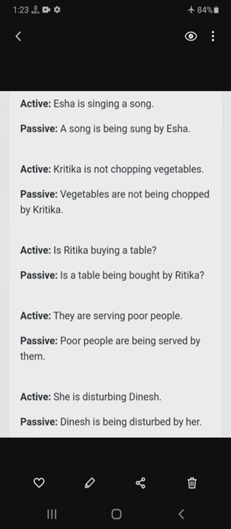So is a table being bought by Ritika? They are serving poor people. So poor people are being served by them. She is disturbing Dinesh. So Dinesh is being disturbed by her. These are the examples of present continuous.